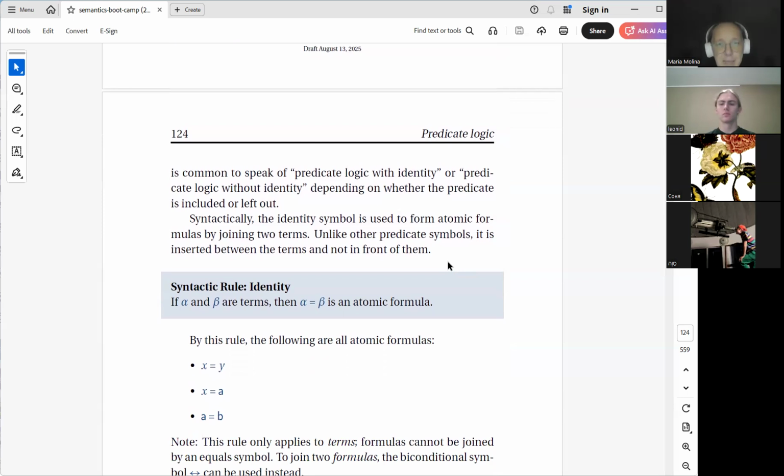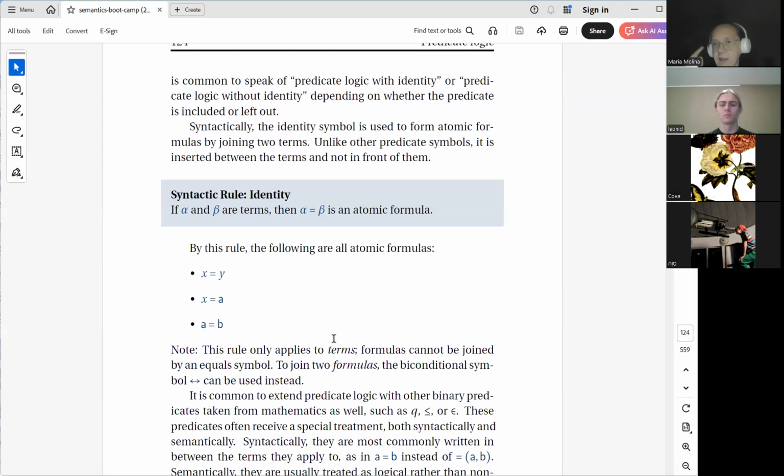Syntactically, the identity symbol is used to form atomic formulas by joining 2 terms. It's inserted between the 2 terms and not in front of them as all the other predicates. So we're thinking about this equality symbol as a kind of predicate, but a very special kind of predicate that is written between two terms.